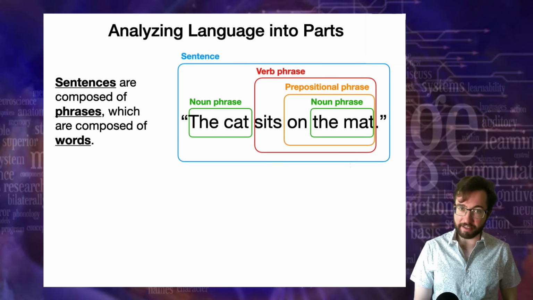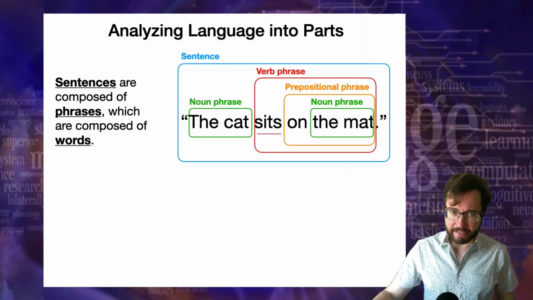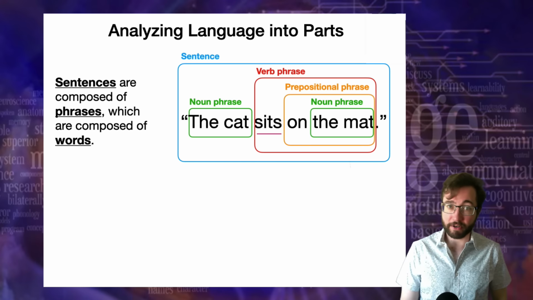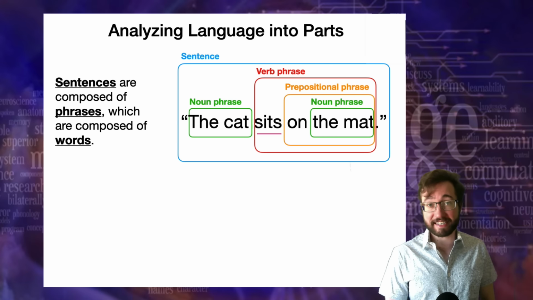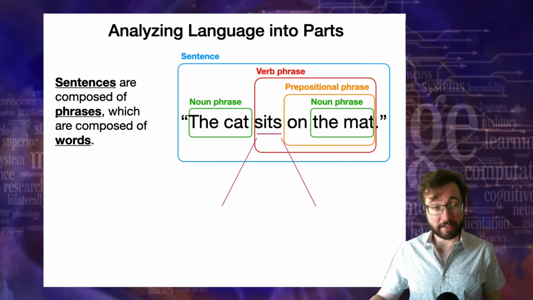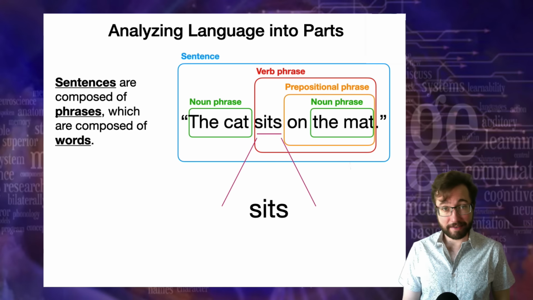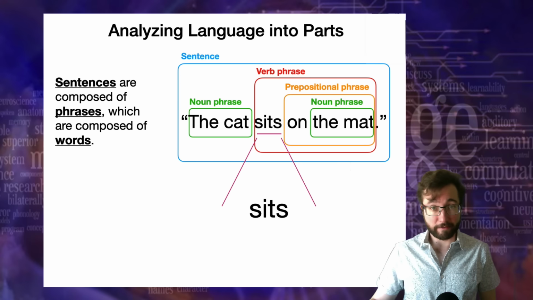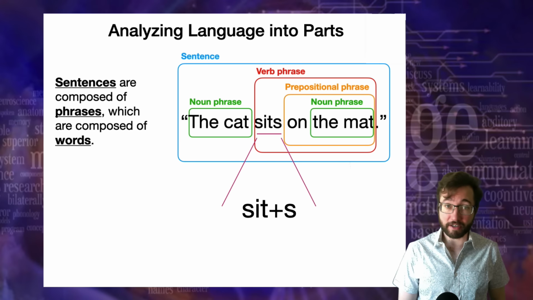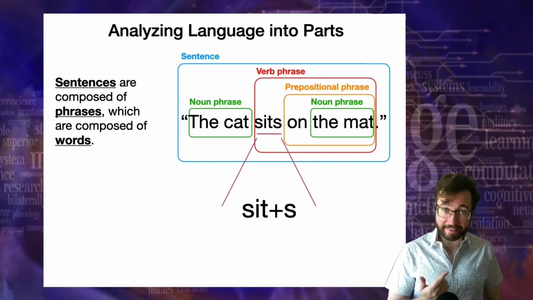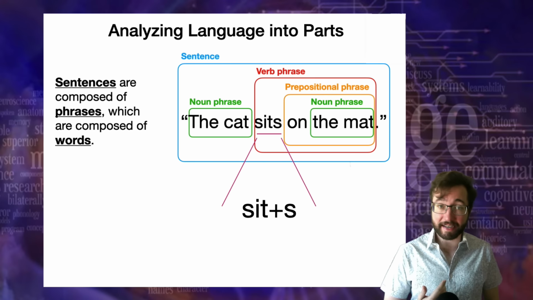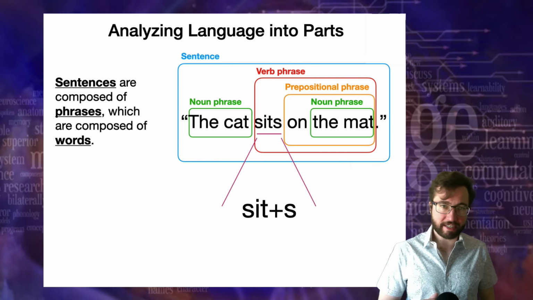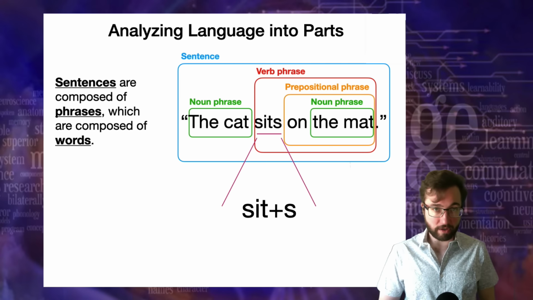Okay, so we've analyzed a sentence. Let's think about if we can go further. Can we keep breaking this into ever smaller and smaller parts? Let's look at the word sits. Can we break that into parts? Or is this just an indivisible unit? Well, it's not an indivisible unit. You can split it into two parts. There's the root sit, which indicates the sitting action, and there's the s attached to the end, which indicates the tense and the number of the verb.